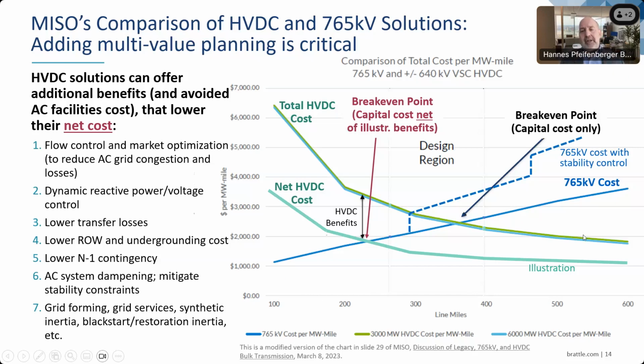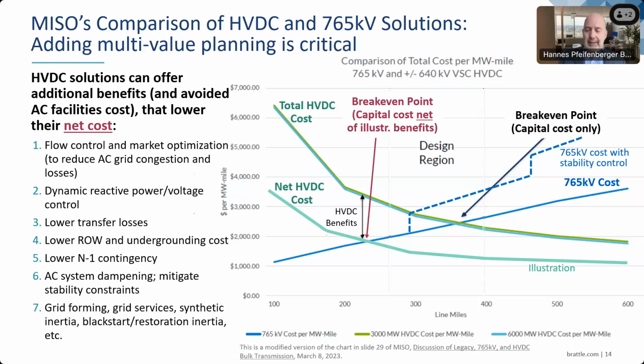This is just looking at it as if nothing more is needed but to increase transfer capability between point A and point B. But if any of the values that you see on the left here are valuable, then that basically reduces the net cost of the line, in ways that I can show you how to quantify. So it gets to a point where the DC solution becomes more cost effective relative to the AC solutions. There will still be many places where DC is just not the right application, but this is one way to think about this.